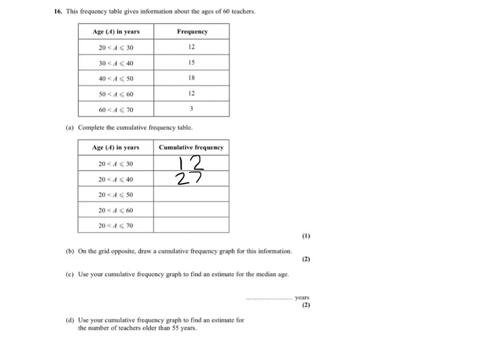Now, to do 20 to 50, you could do 12 plus 15 plus 18, but remember you've already worked out the 20 to 40 as 27, so you've added your 12 and 15, so you simply need to add 18 to that. So if we add 18 to 27, we're going to get 45.